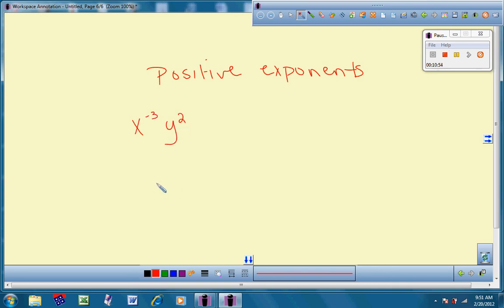Now, I taught you a little trick in class that when we see that negative exponent and we have a fraction, because we can put any number into fraction form, we are going to throw it to the bottom. So y squared would stay on top, x to the negative third gets thrown in the bottom, keeping the exponent but changing the sign. Alright, so my simplified answer would be y squared over x cubed.